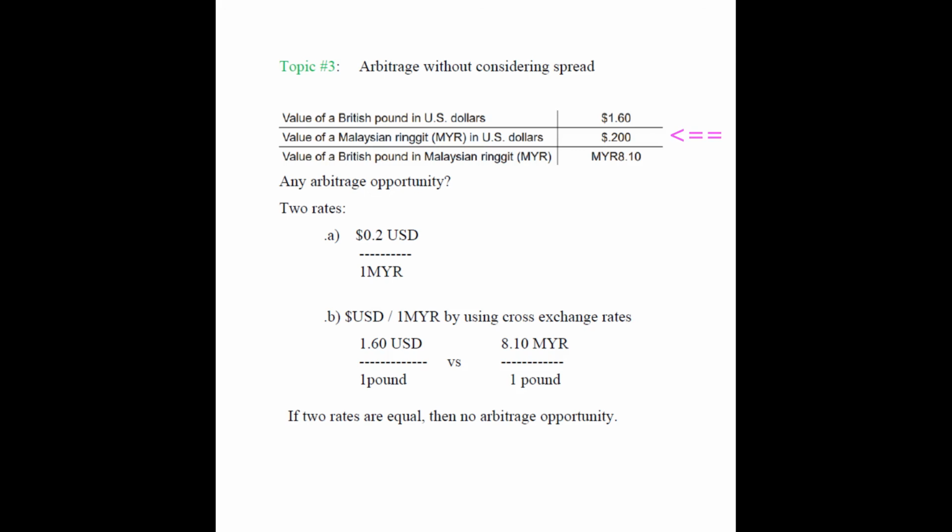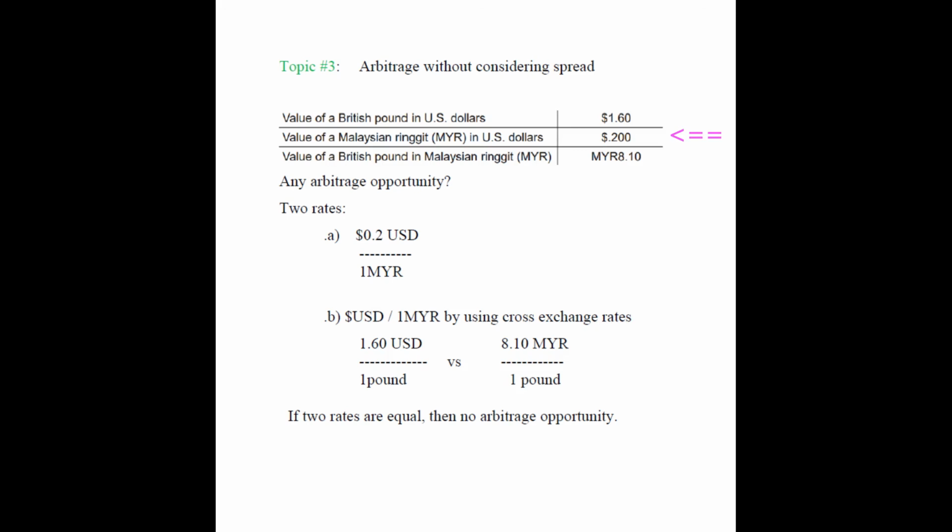Arbitrage without considering spread. In the following table, we have 3 numbers. From the first one and the third one, we can calculate the cross exchange rate. The second one is the direct quotation. So that's actually 2 rates. The second number, 20 US cents, is what 1 ringgit is worth, 0.20 US dollars.